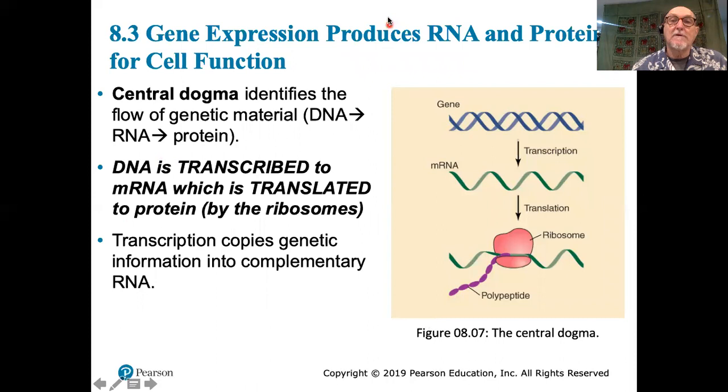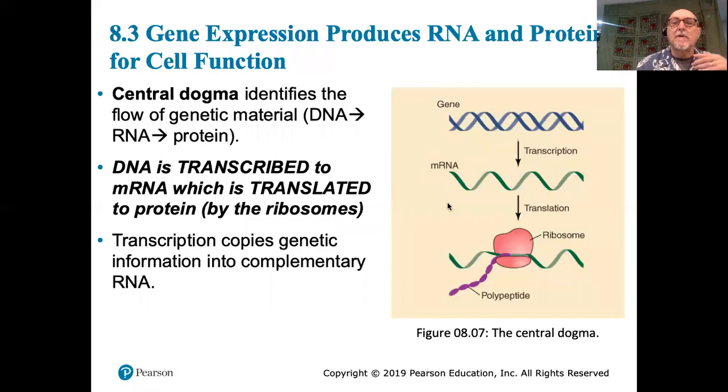And before we do that, we need to reintroduce you. I've talked about this before, but here is another thing that you need to be repeating as you lay your heads on the pillow at night, and that is to repeat to yourself the central dogma. And the central dogma identifies the flow of genetic information in the cell.